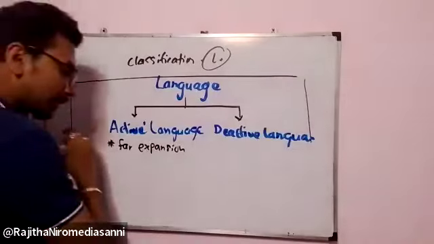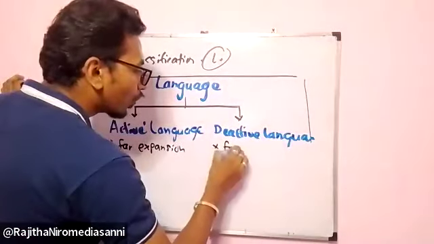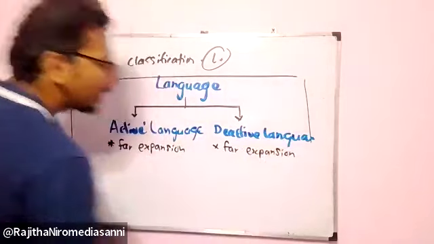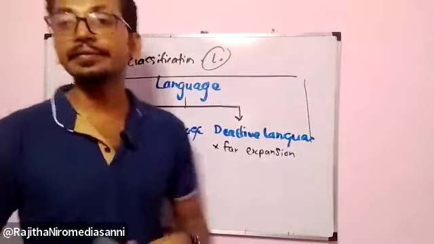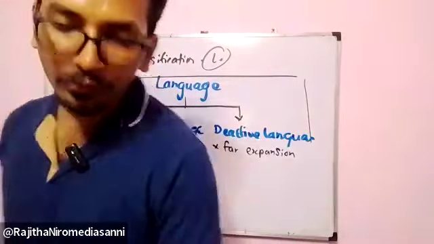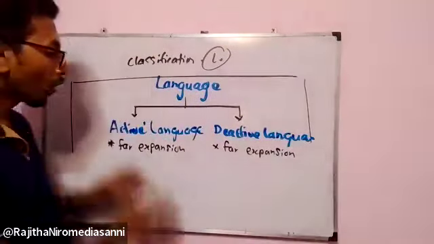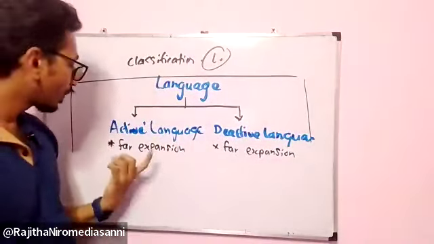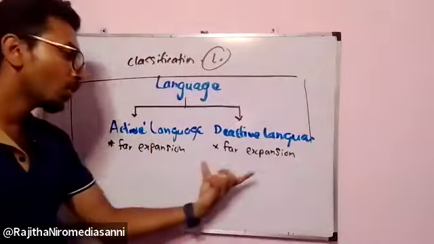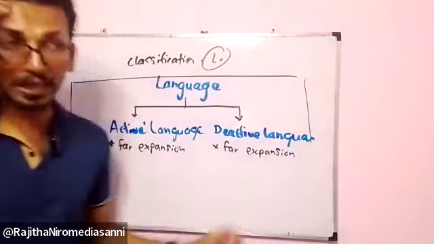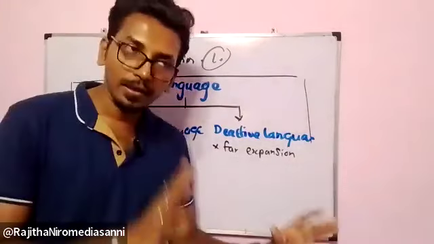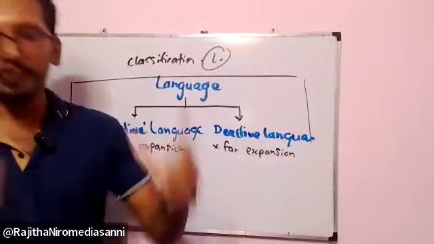Far expansion. Yes, this one also far expansion. That is the only common characteristic for the active and deactive languages. Only one. Far expand, active. Far expand, deactive. Because both have past ideas. Okay. After you write it down, tell me, okay.